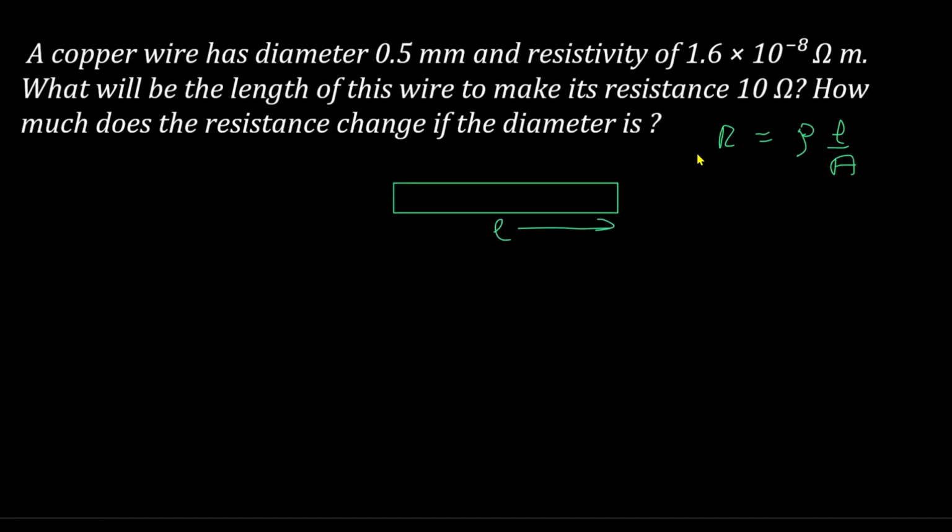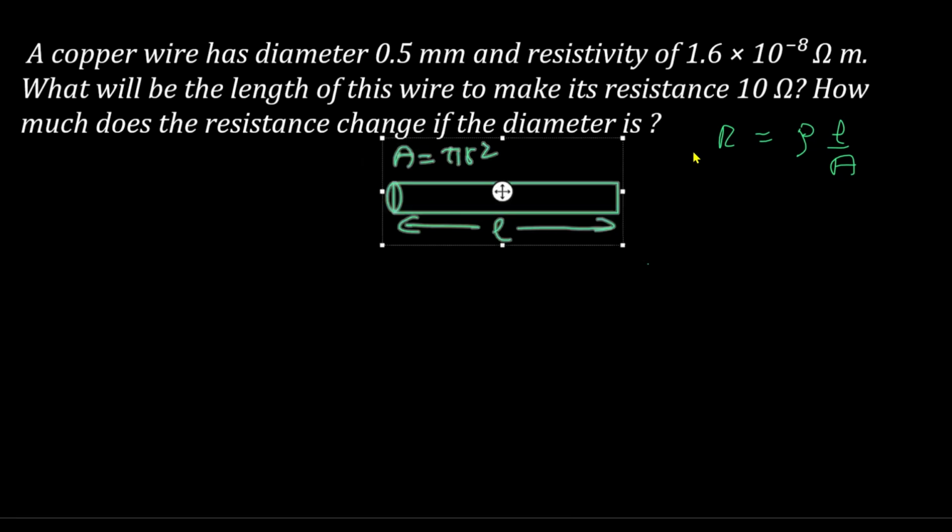A is the area of cross section. A wire is always taken as cylindrical in shape, so its area of cross section is pi r square. This is something we have to keep in mind while doing this question.